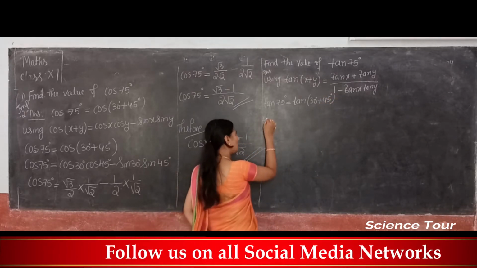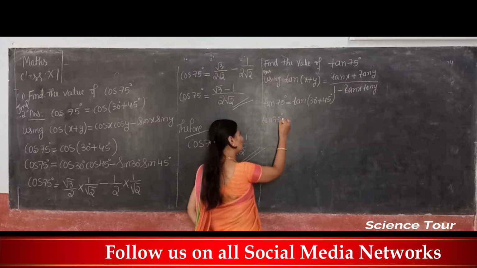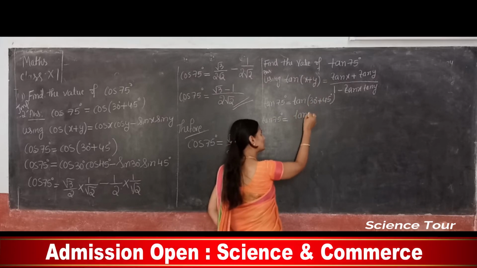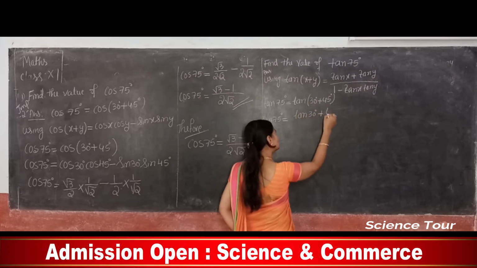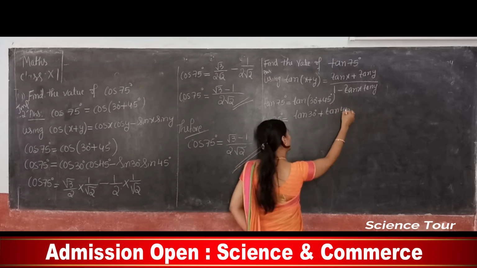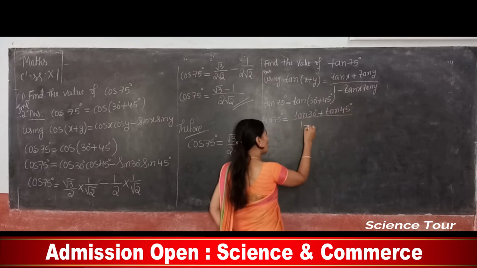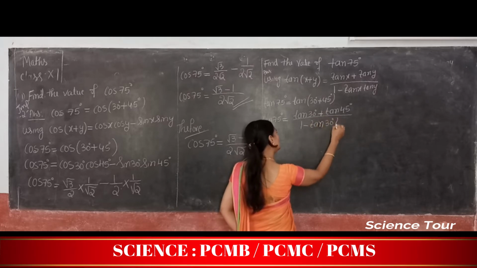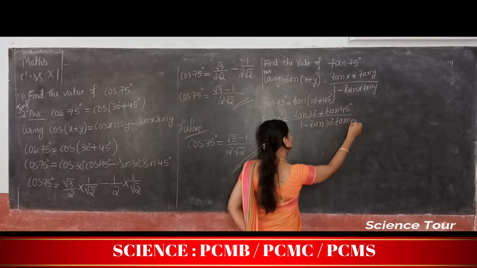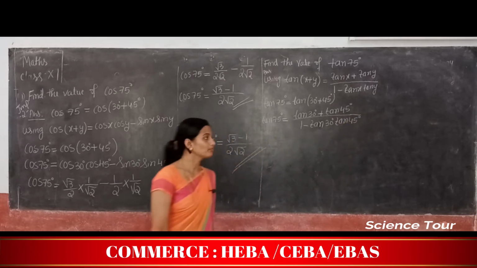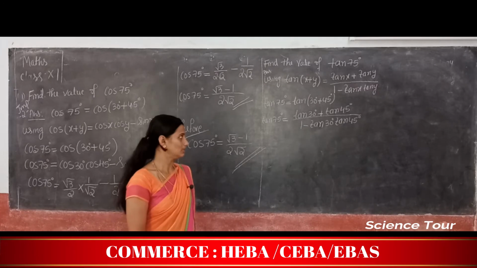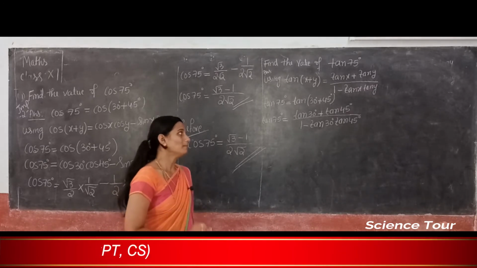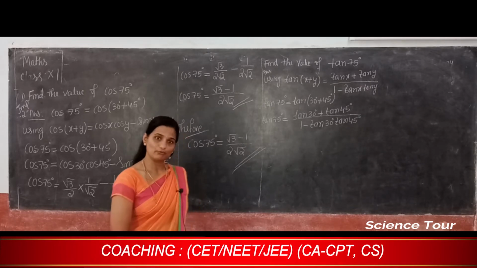So tan 75 degree is equal to tan 30 degree plus tan 45 degree divided by 1 minus tan 30 degree into tan 45 degree. Is it the right substitution?